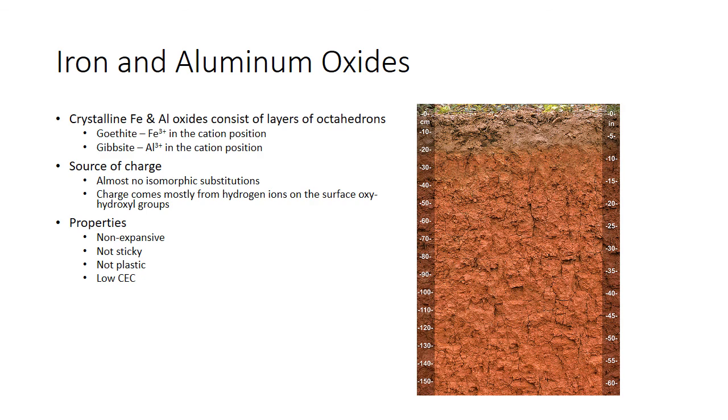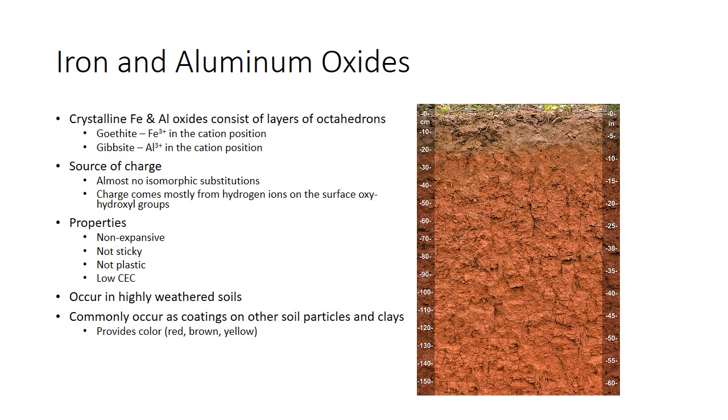And if we have a soil that has a Bt horizon, but most of the clays present are iron and aluminum oxides or a kaolinite, then we end up with a very low CEC, and we call those soils kandic. So they have a kandic horizon. And usually they're brightly colored because of all the iron oxides that are present. So these generally occur in highly weathered areas. Usually Ultisols is where we see them.